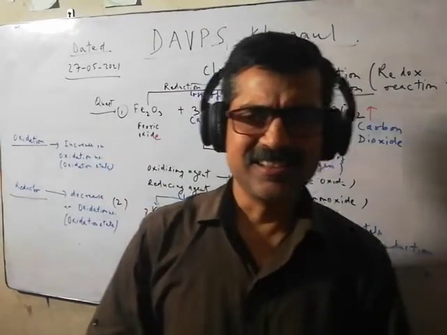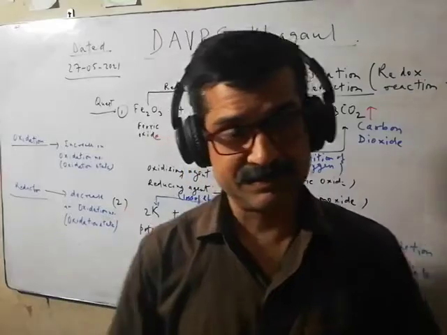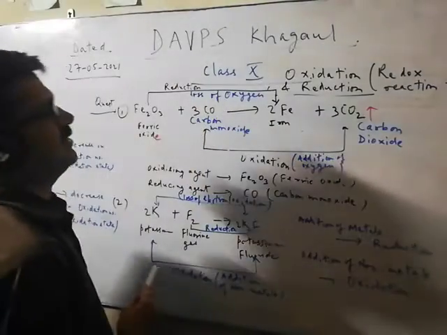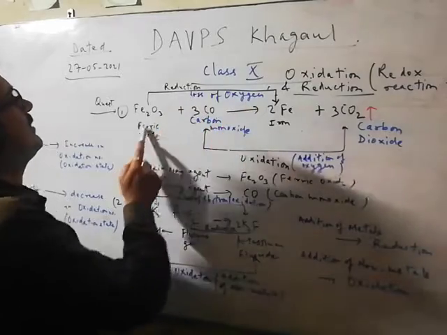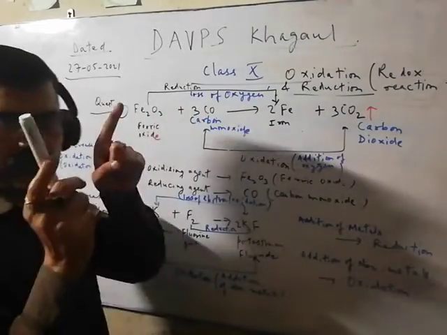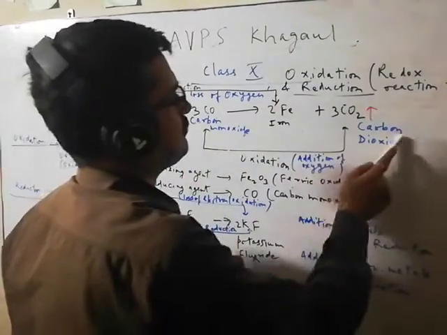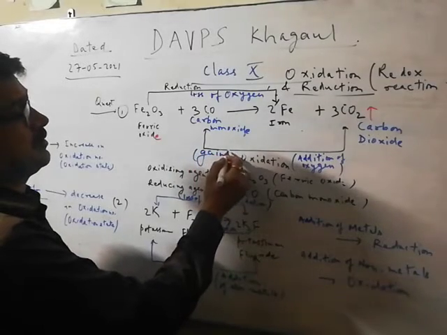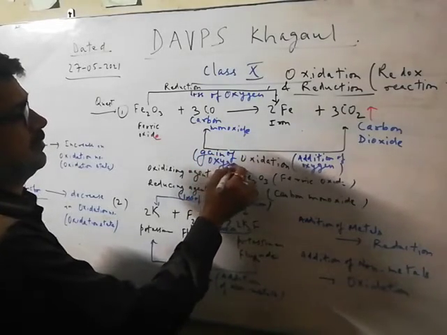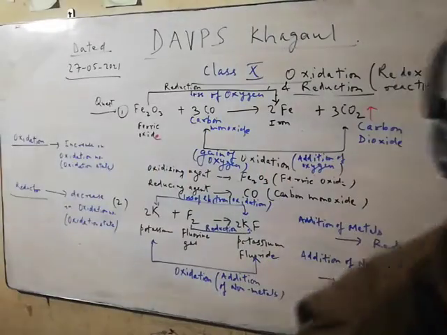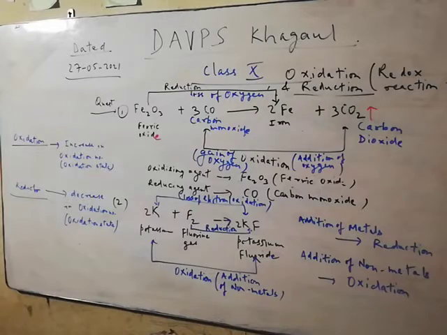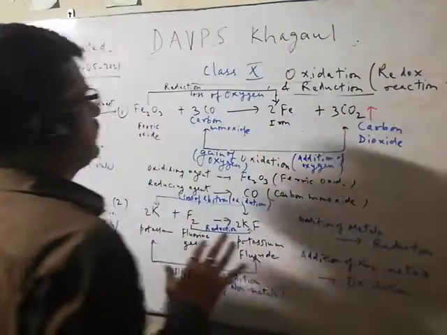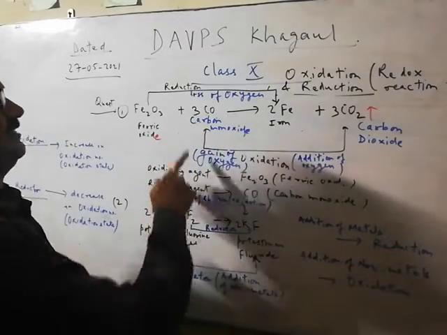With oxidation, reduction always occurs, because if there is loss of oxygen here, then somewhere there must be gain of oxygen. And gain of oxygen is always oxidation.